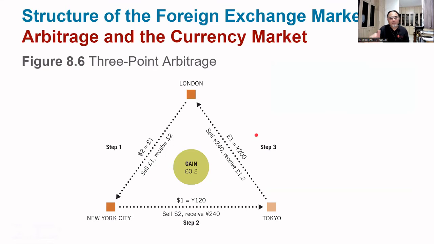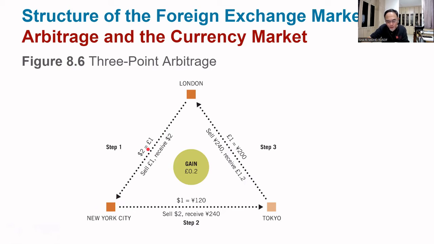Now the 3-point arbitrage is like this. Suppose that £1 can buy $2 in New York, so the rate is $2 for £1.